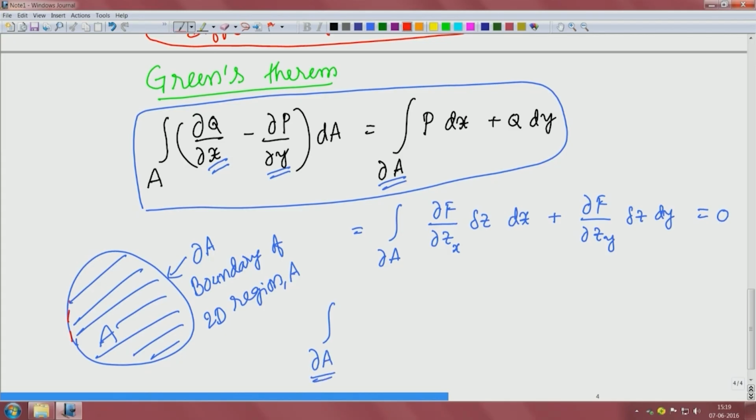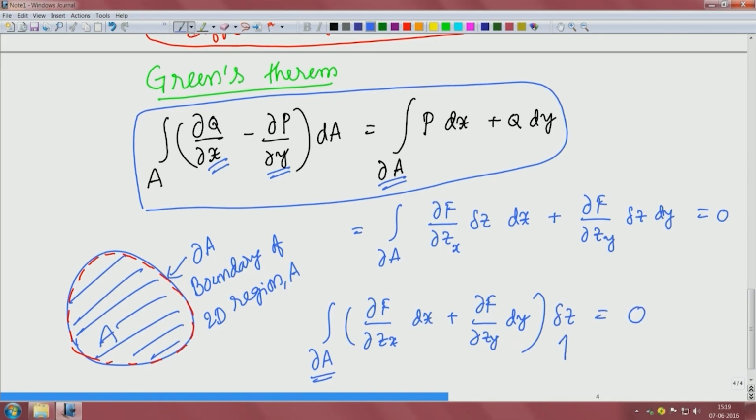On that boundary what should be 0 is dou f by dou z sub x dx and dou f by dou z sub y dy, times delta z, equal to 0.